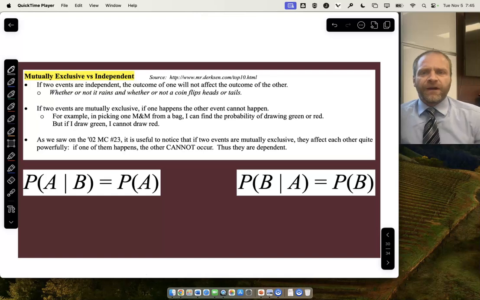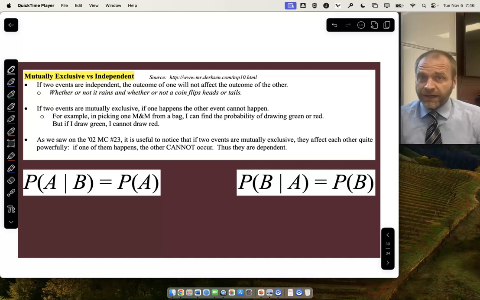Some other things, and this is from a website, mrdirksen.com, top 10 HTML. It says if two events are independent, the outcome of one will not affect the outcome of the other. Whether or not it rains or whether a coin flips heads or tails don't impact each other. If two events are mutually exclusive, if one happens, the other event cannot happen. If I'm picking one M&M from a bag, I can find the probability of drawing green or red.